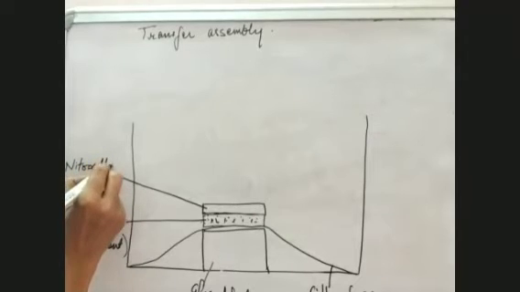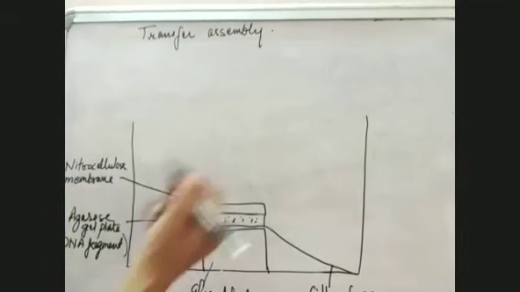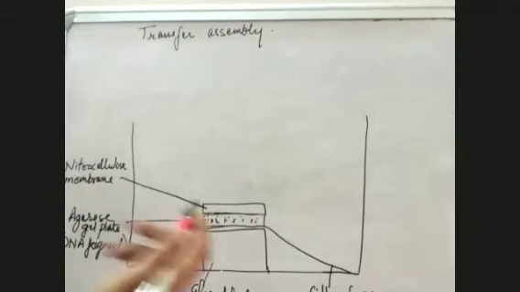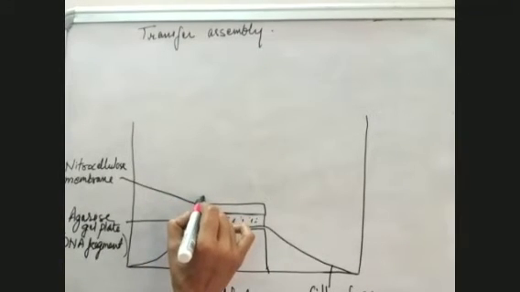Nitrocellulose membrane above it, because we are going to transfer the fragments from agarose gel into this. And then above this, we keep at least 10 to 15 filter papers in layers.